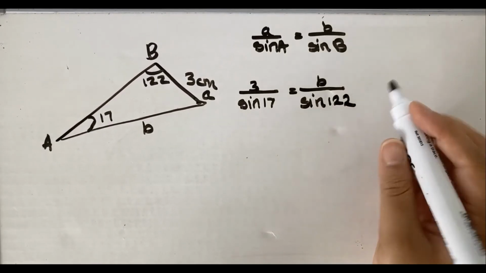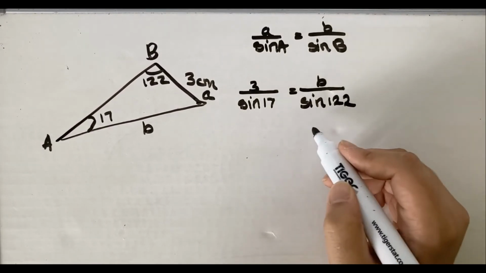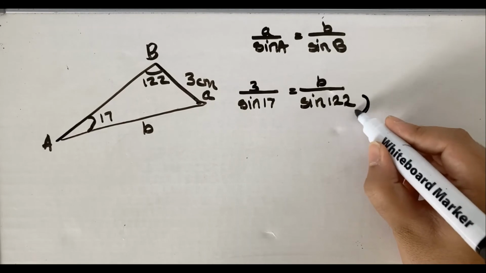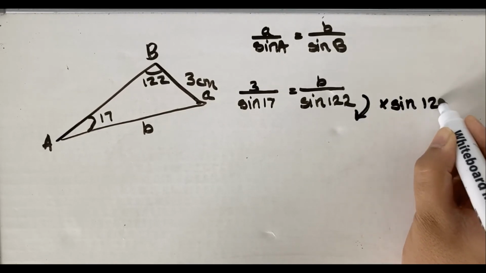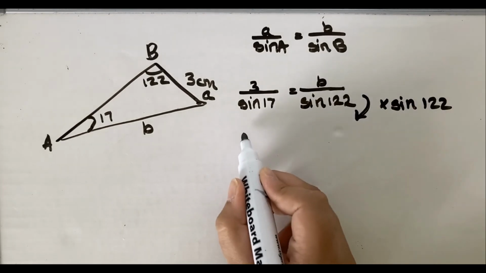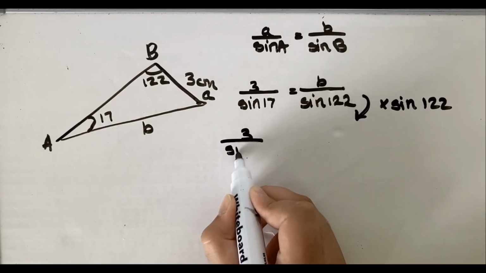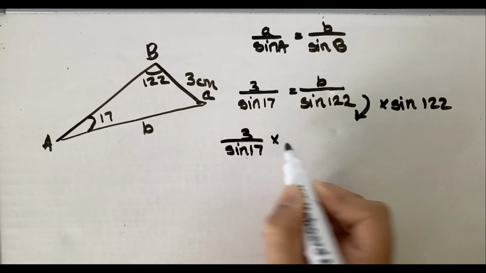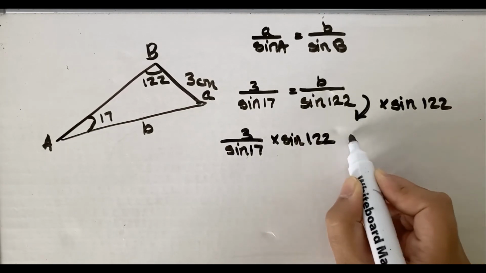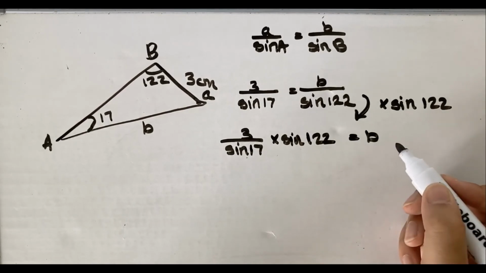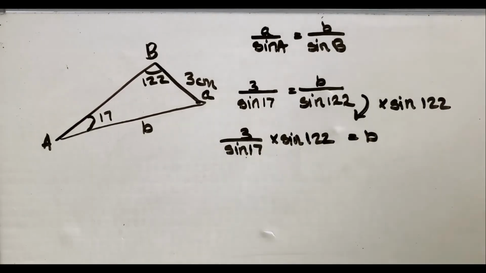Now, in order to get b on its own, we must multiply by sine 122. So therefore we get 3 over sine 17 multiplied by sine 122 equals b. We can plug this into our calculator to figure out the final value.